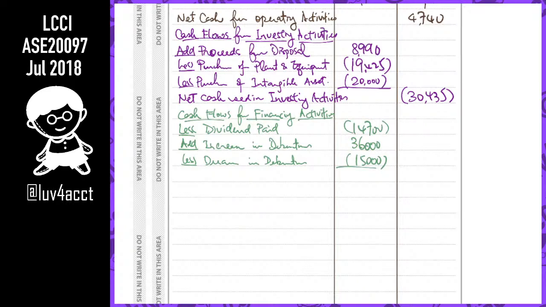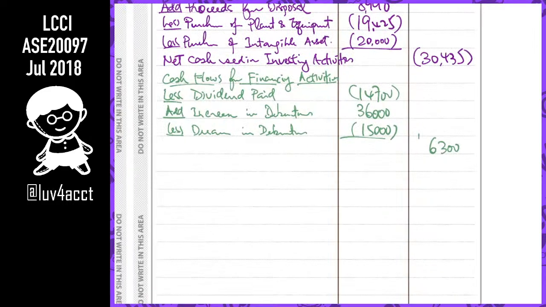Okay, giving you a net amount of 63,000. Okay, so this is net cash from financing activities.